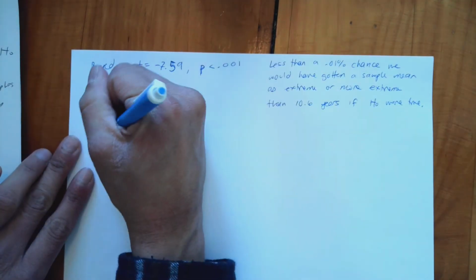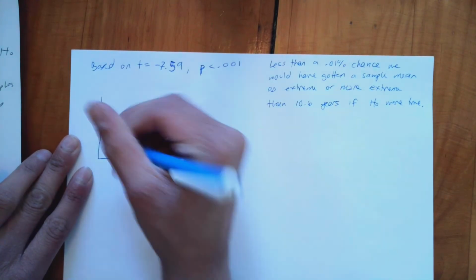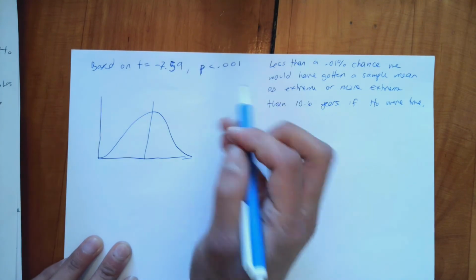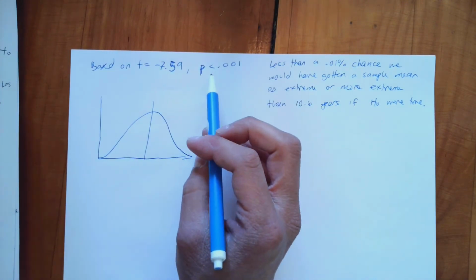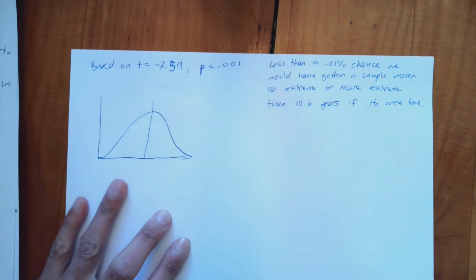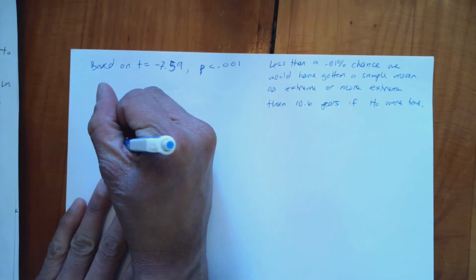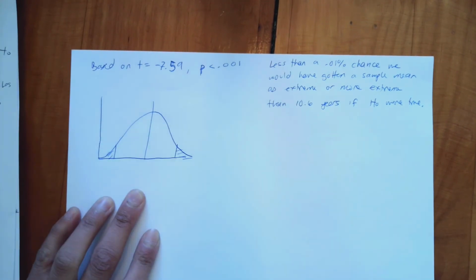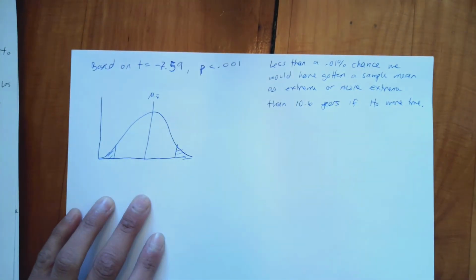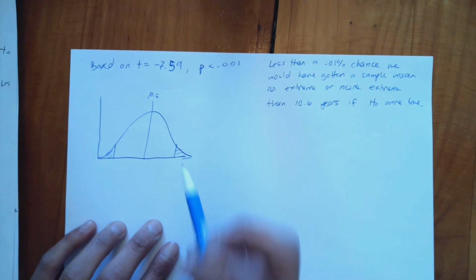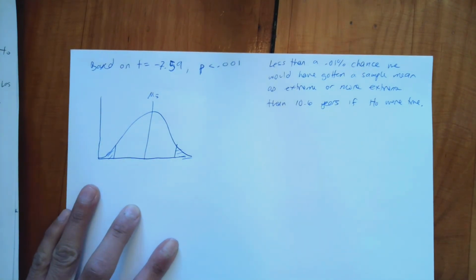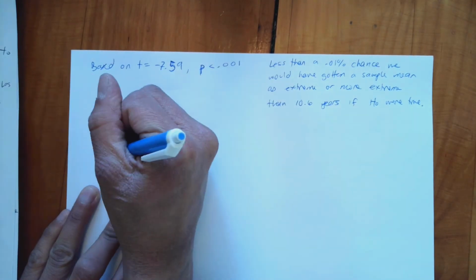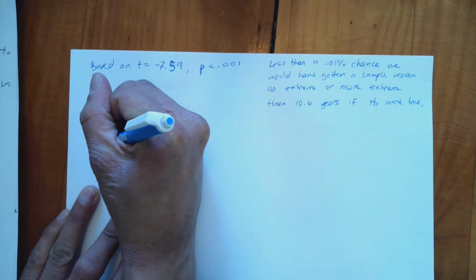In other words, our p-value of less than 0.001 tells us that if our reject zone is here and includes the 5% of least likely possible sample means you could get, our sample mean is really small.